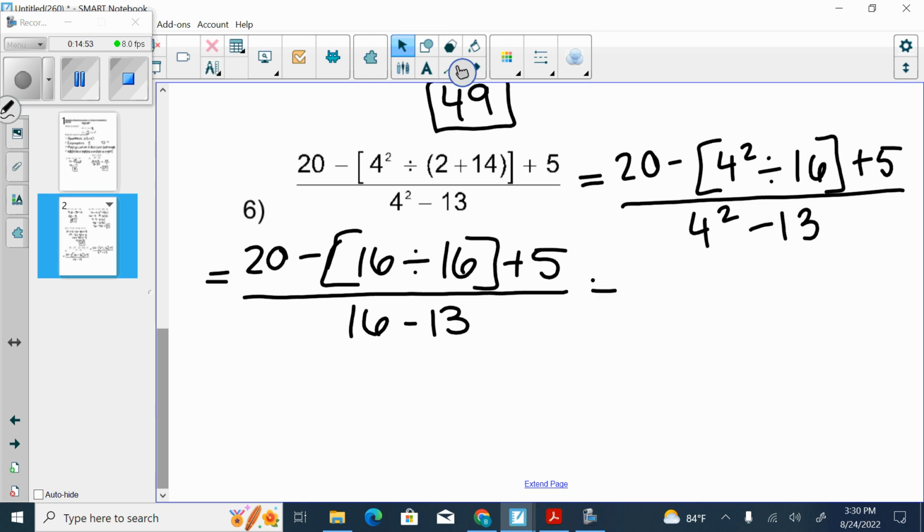Now that we've taken care of the exponents, we're still inside those brackets. So what is 16 divided by 16? 1. So I have 20 minus this whole thing just became 1 plus 5 all over 16.